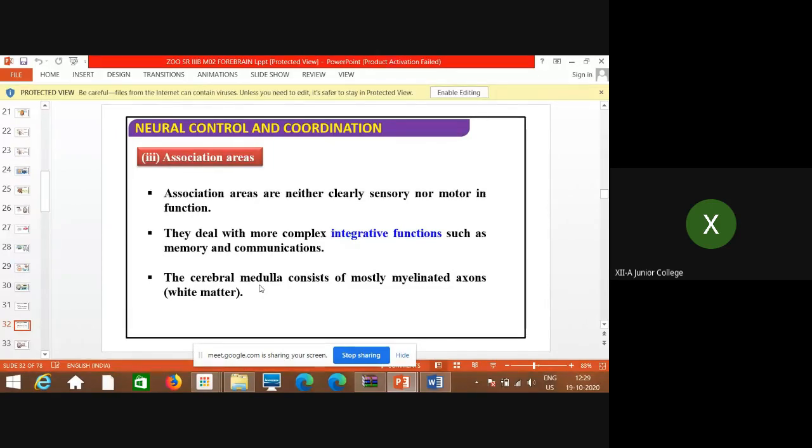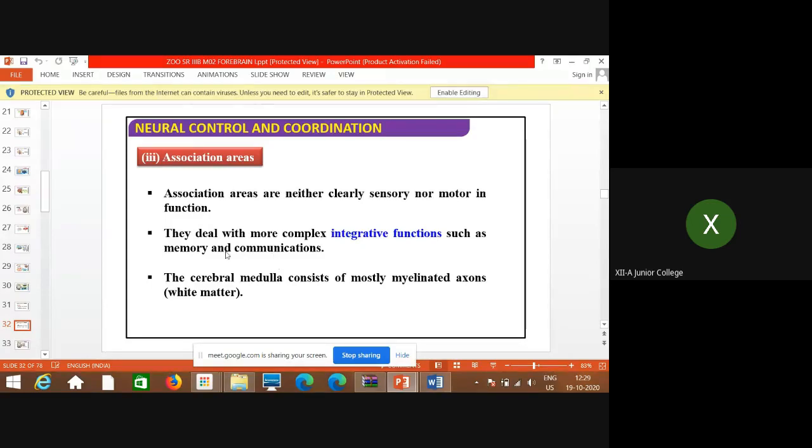So first you remember the association area, which is neither clearly sensory nor motor in function, but deals with the more complex and most important integrative functions such as memory and communications.